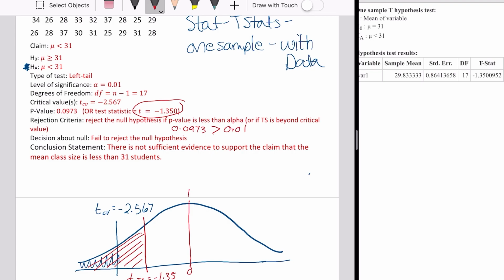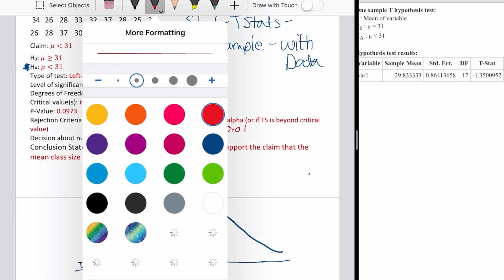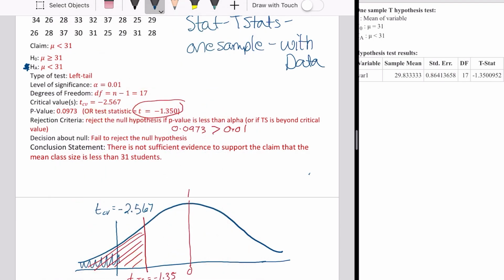Can we mark the 0.01 on our graph just so we remember what that area was? Yes, this area here, beyond my critical value, is my alpha of 0.01. So clearly that p-value area is much larger than the alpha area.